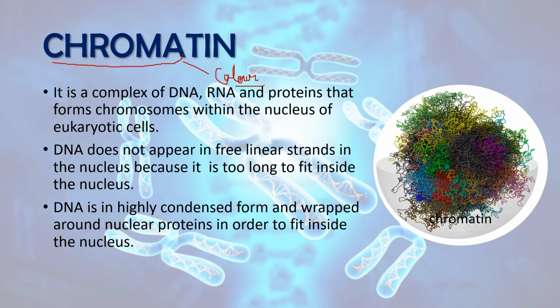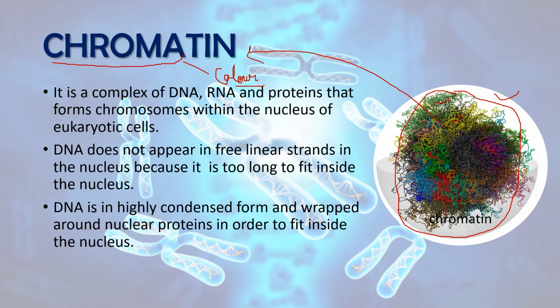Now look at this picture. You can see there are lots of thread-like structures. Some are green, some light yellow, dark green, red, purple. These thread-like structures are present inside the nucleus. So these thread-like structures are chromatins.